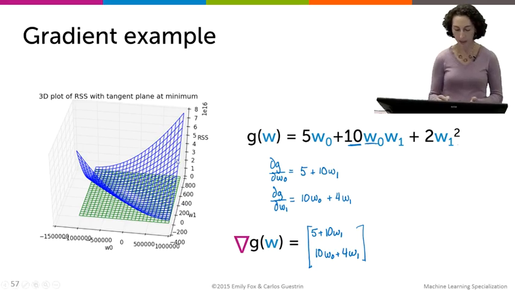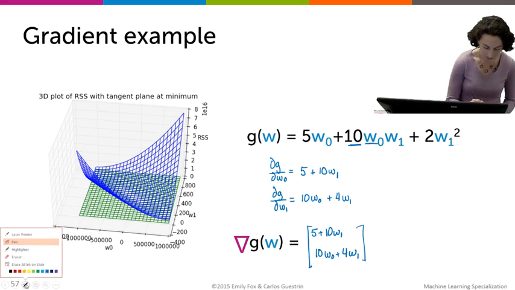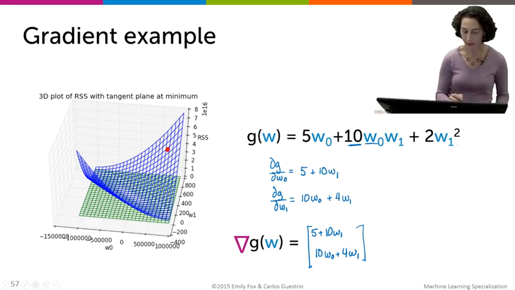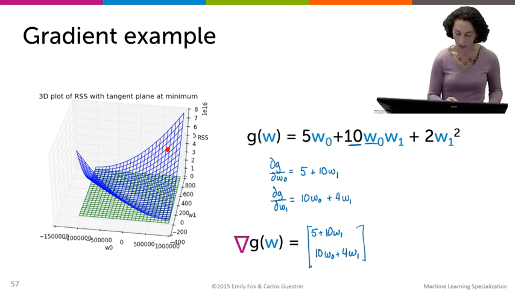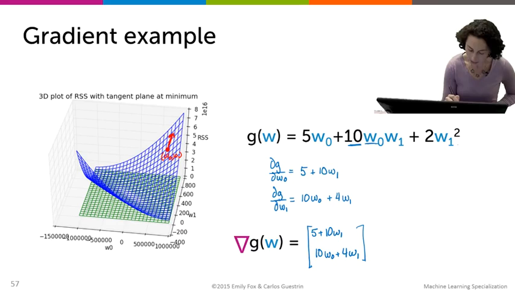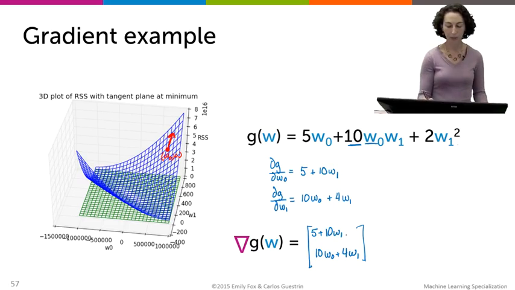Well, if I want to look at the gradient at any point on this surface, let me switch to the red color so you can see it on this plot, I'm just going to plug in whatever the w1 and w0 values are at this point. So there's some w0, w1 value, and I'm going to compute the gradient. And it'll be some vector. It's just some number in the first component, some number in the second component, and that forms some vector.